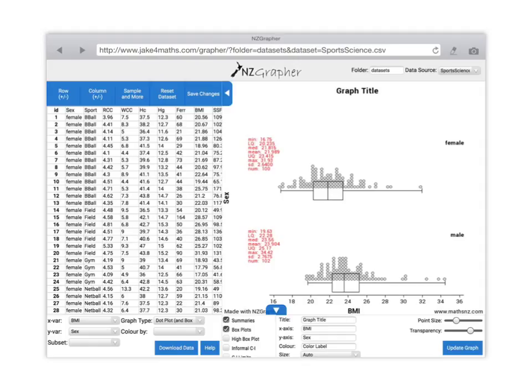So if we look at the men's data, I'll just get my calculator, right, we have 25.17 minus 22.28, right, which gives us 2.89 as our interquartile range. The interquartile range is actually a really good way of describing how spread out the data is, because it tells us where the middle 50% is, and it's a better method than a lot of the others.